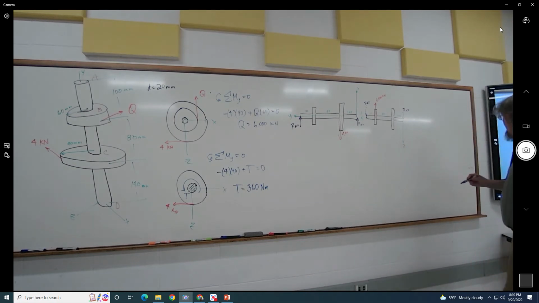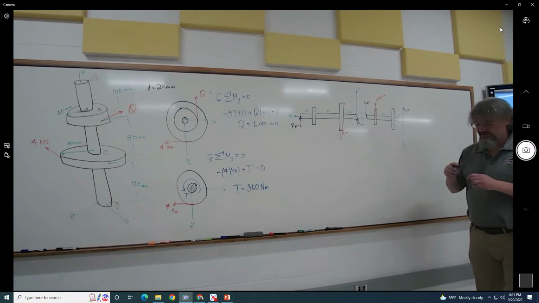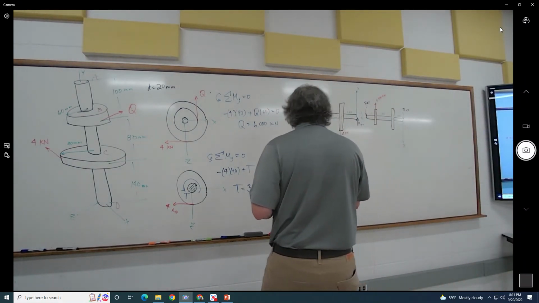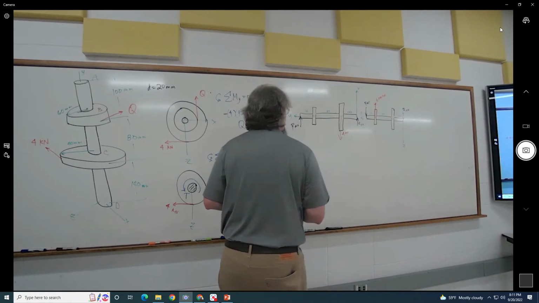Not all the time can you figure out what direction these are going to go when there are multiple forces on here. This was not too bad. I'll do it down here so I don't have to erase stuff.